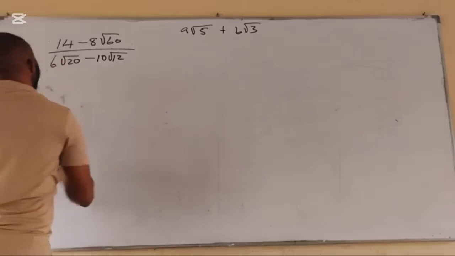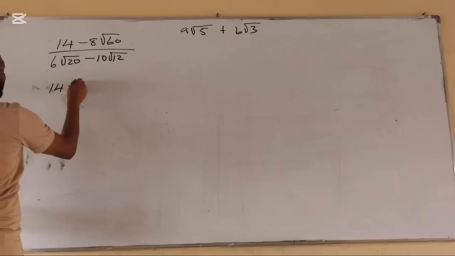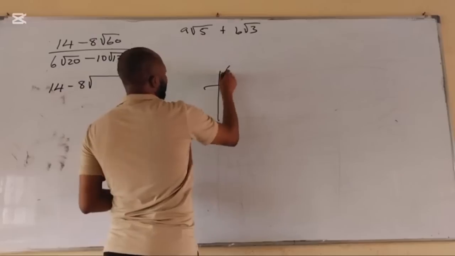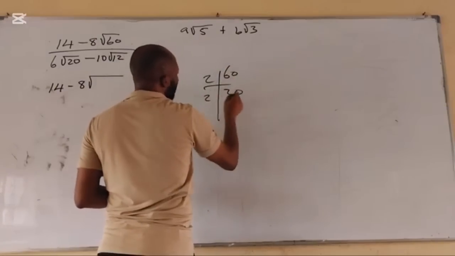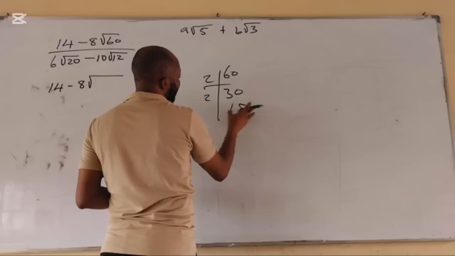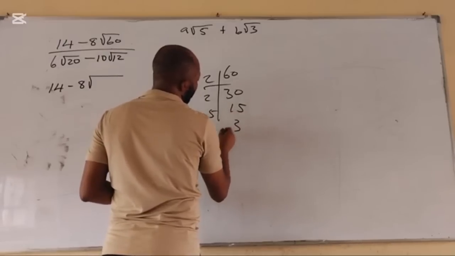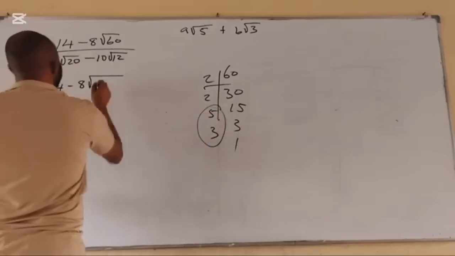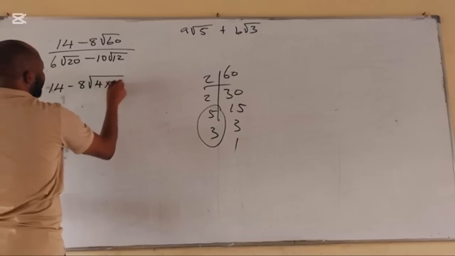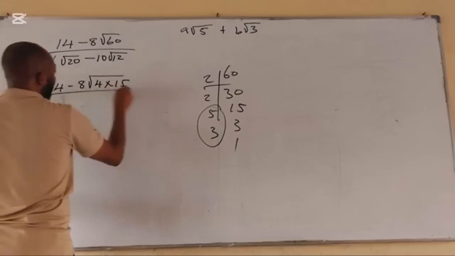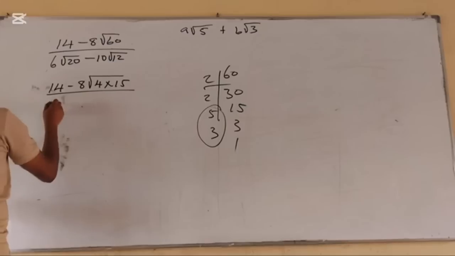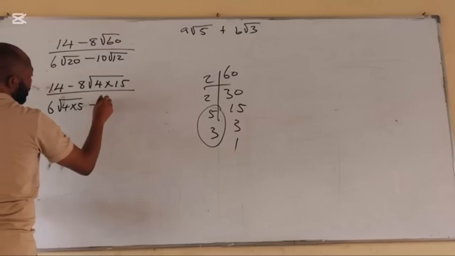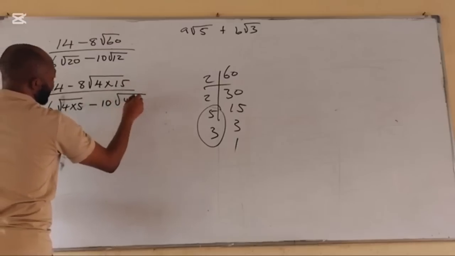Okay, here we begin. 14 minus 8 root 60. I'll come back here. 6 here will give us 30. 2 here will give us 15. And 5 here will give us 3. And 3 here will give us 1. So here is 4 times 15 over 6 root 20, which is 4 times 5 to give us 20, minus 10 root 12, which is 4 times 3 to give us 12.